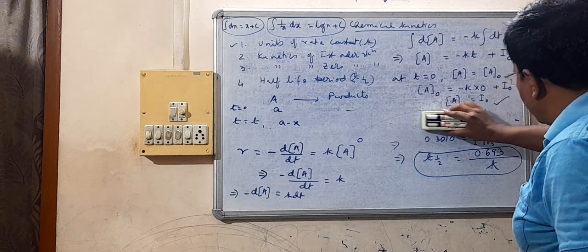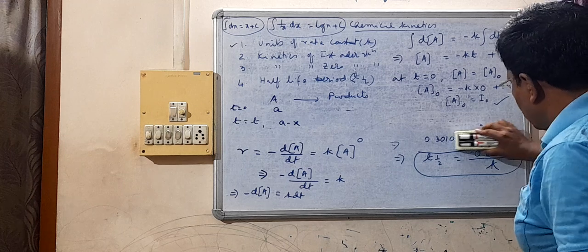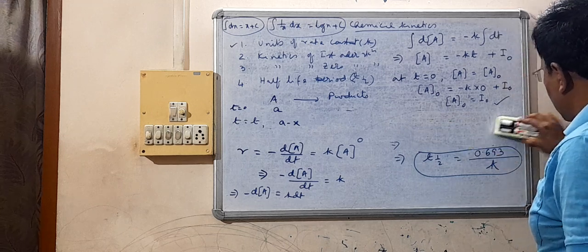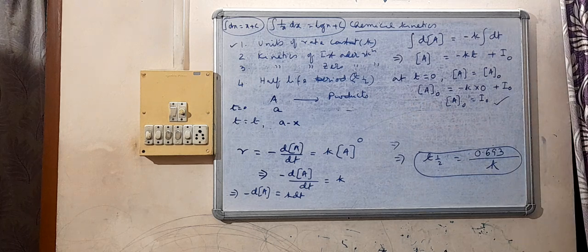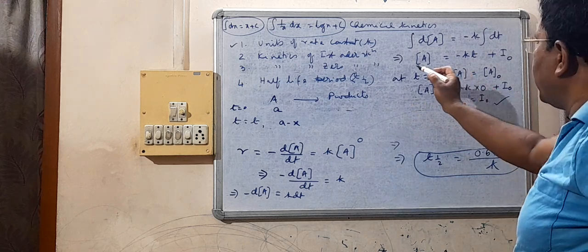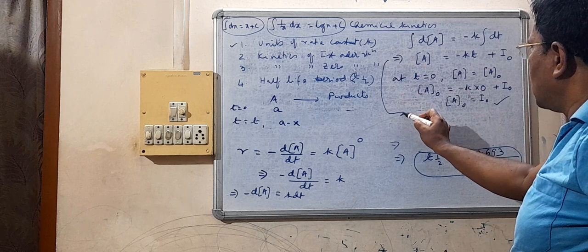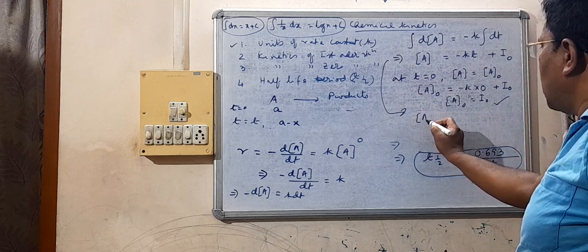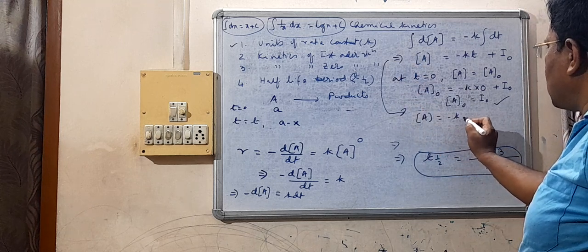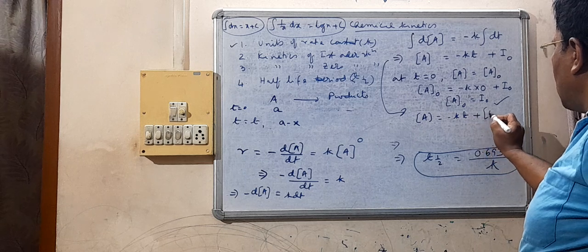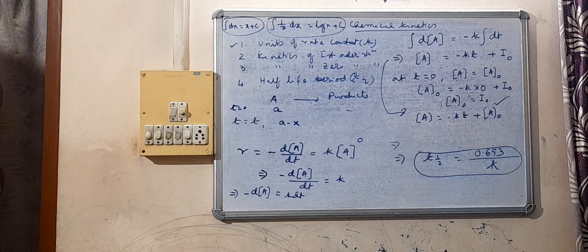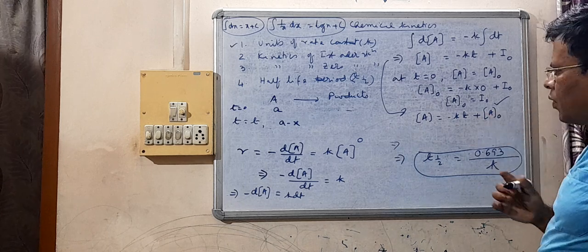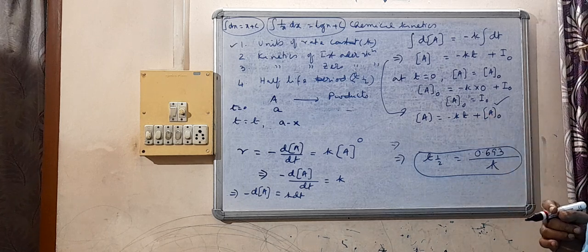So if we rewrite this one, we get A is equal to minus KT plus A naught. This is one form of kinetics for zero order reaction.